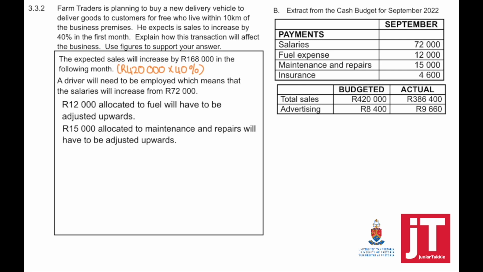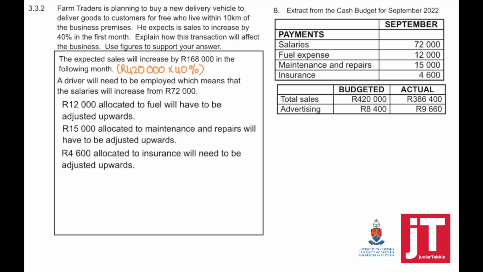If we're looking at maintenance and repairs, 15,000 is allocated to maintenance and repairs. We will need to adjust that upwards. If we're buying a delivery vehicle, that delivery vehicle, we need to budget for repairs for it. 4,600 is allocated to insurance.